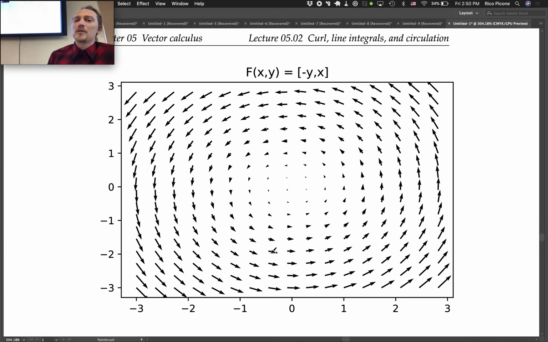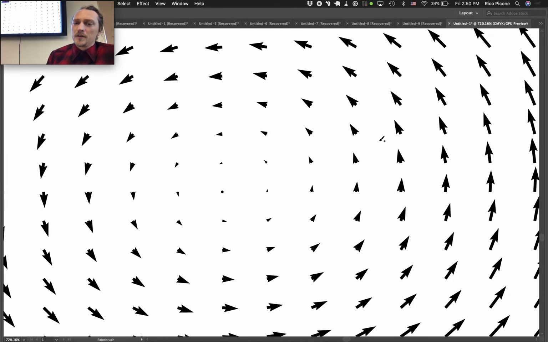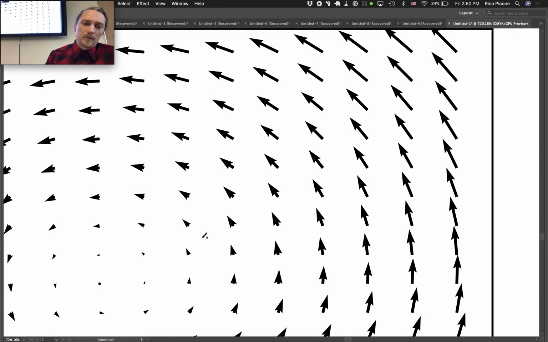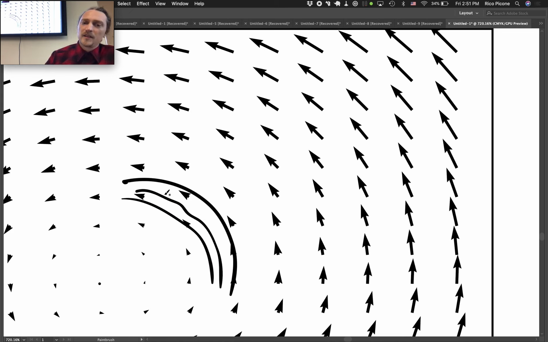This nice swirling motion. And of course, these outer arrows are getting larger, right? The inner arrows are smaller, the outer arrows are larger. So if you just look at one quadrant here, we have these constant length vectors in a constant circle. But then the next circle out from that is going a little faster, and the next circle out from that's going a little faster. Next circle out from that's going even faster, right?